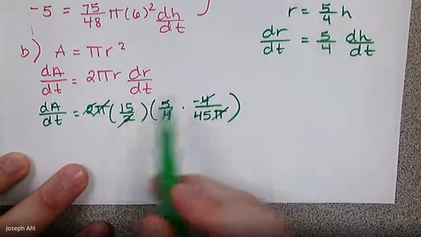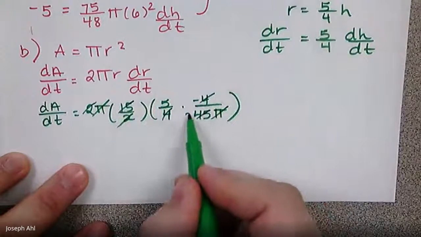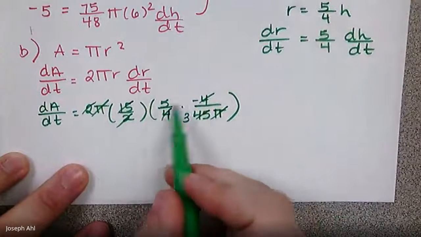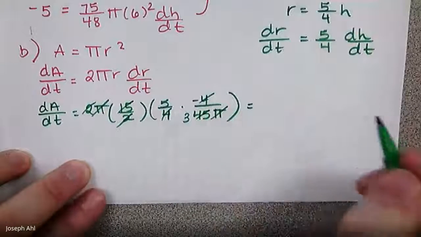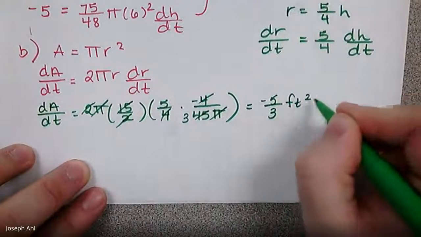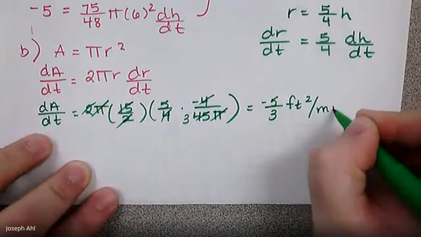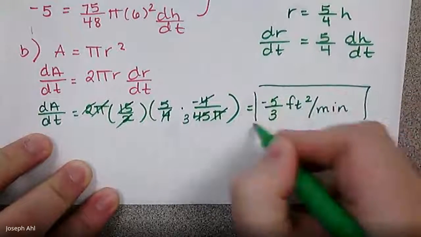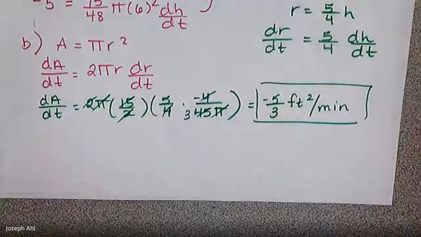Gosh, there's a lot of things that cancel. 15 goes into 45 3 times, so we have negative 5/3. Okay, so this would be -5/3. And since this is an area that's changing, square feet per minute would be the correct units here.